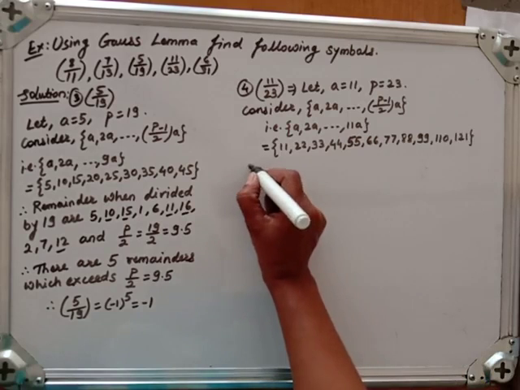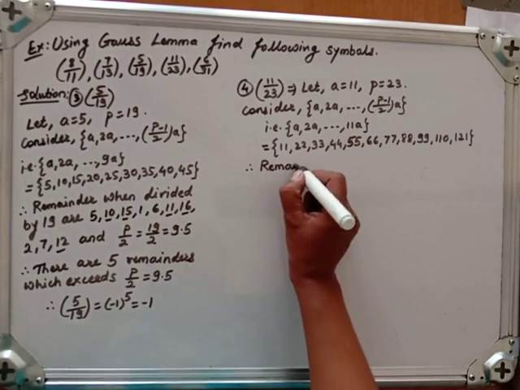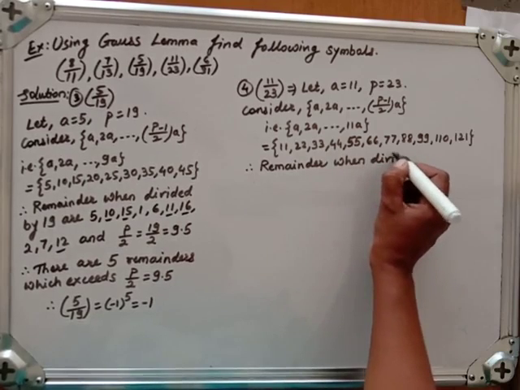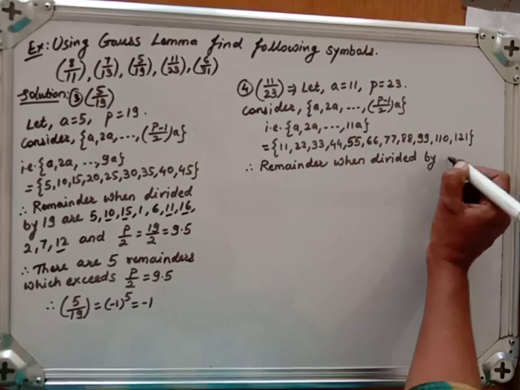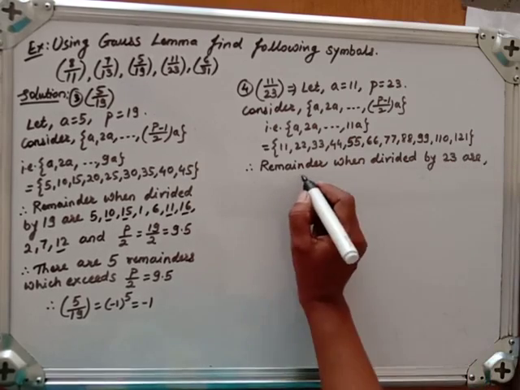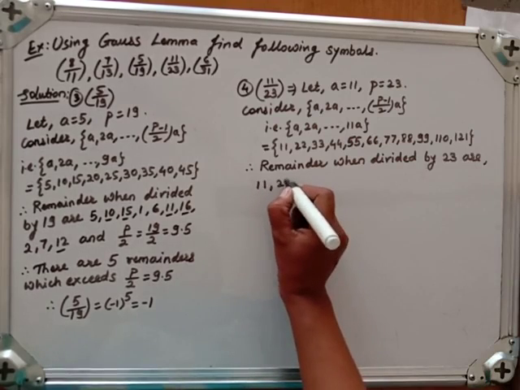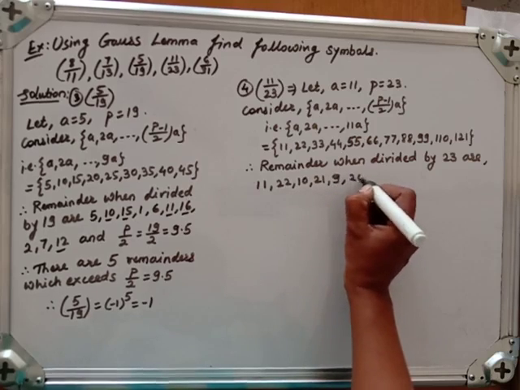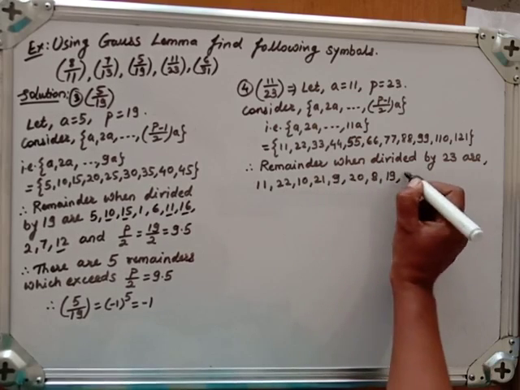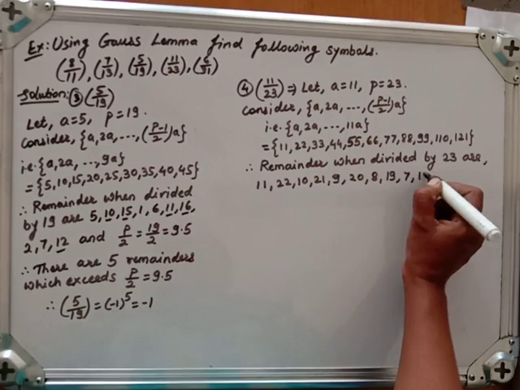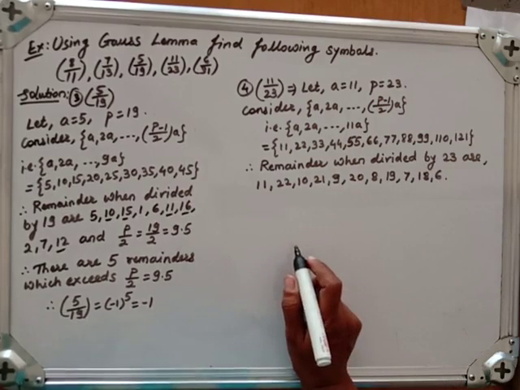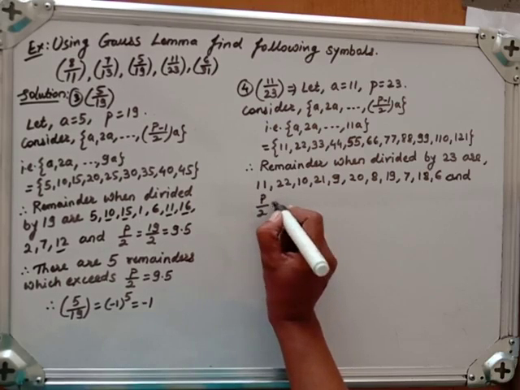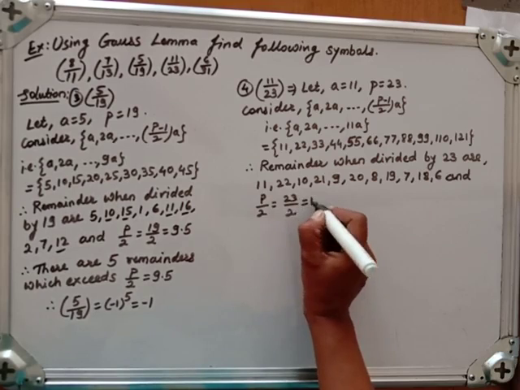Therefore, the remainders when divided by 23 are 11, 22, 10, 21, 9, 20, 8, 19, 7, 18 and 6. These are the remainders there. So we have to look at p by 2 now. p by 2 is 23 by 2, which is 11.5.